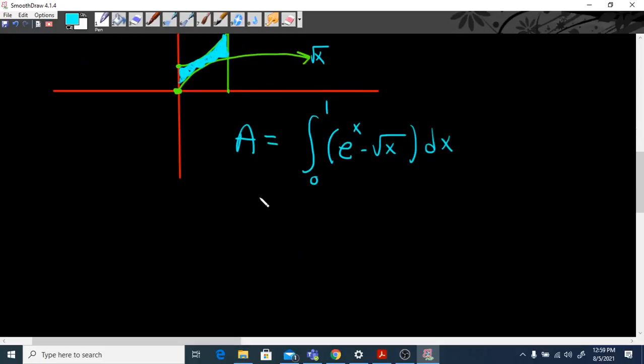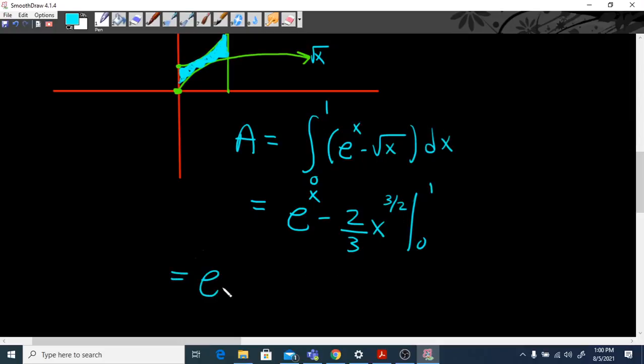Now if we integrate this, we just get e to the x, and this is x to the 1/2, so we add 1. 1/2 plus 1 is 3/2. Dividing by 3/2 is the same thing as multiplying by 2/3. Very good. So there's the antiderivative, and then we evaluate from 0 to 1.